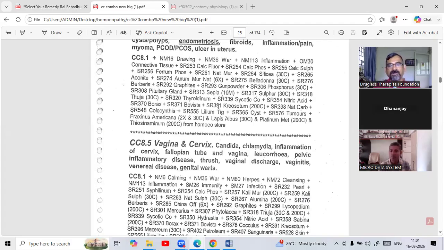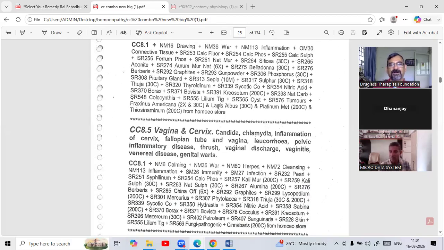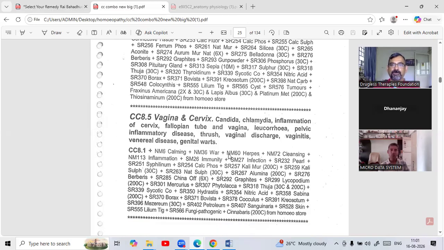And 8.5 is used for all vaginal infections and inflammatory conditions: vaginitis, venereal disease, candida. This works like spiritual support from our Vibronics. Even vaginal discharge, you can say white discharge also, that is what you can give here: 8.5.